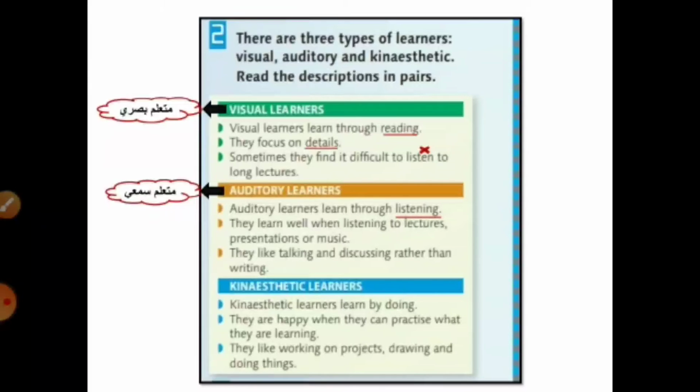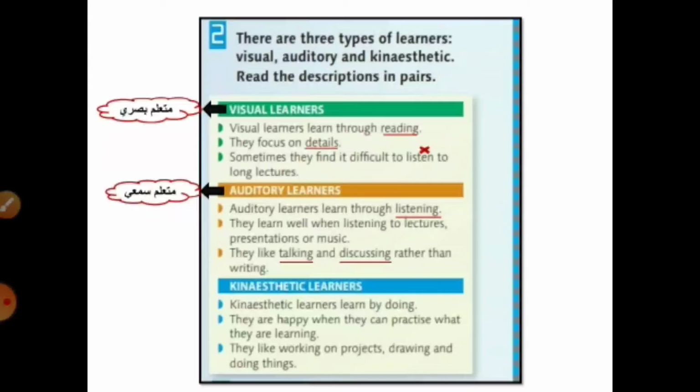Number 2, they learn well when listening. But again, listening to lectures, presentations, music. 3. They like talking and discussing rather than writing. إذا who likes talking and discussing بحبوا الحديث والنقاش. Visual البصري. No, auditory السمعي.